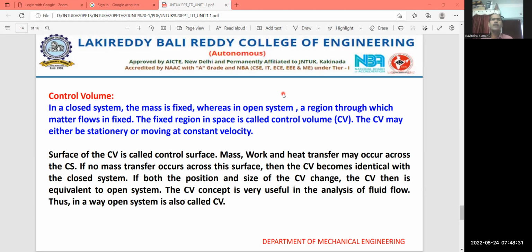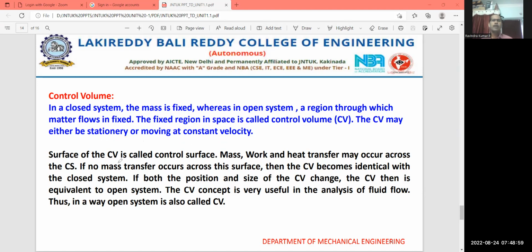Here, if you observe, in a closed system the mass is fixed, whereas in an open system, a region through which matter flows is fixed. The fixed region in space is called the control volume. The control volume may be either stationary or moving at constant velocity.